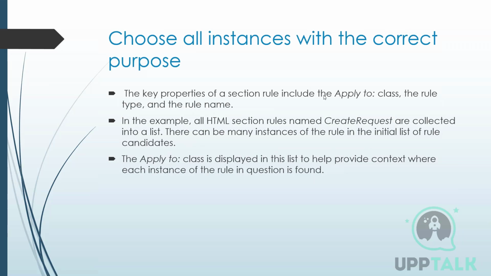My section's name is create request. So the section called create request is available. Now, I would like to understand how the system is going to give me the appropriate or correct rule instance.